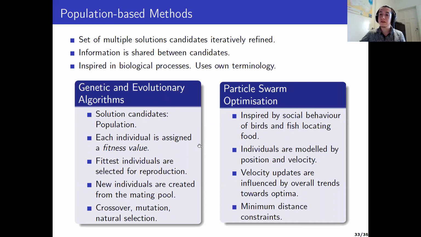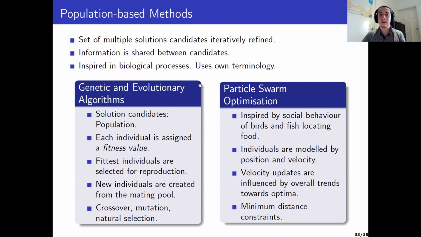This is not necessarily the value of the objective function, since these algorithms are suited for multi-objective functions. Then the fittest individuals are selected for reproduction, and new individuals are created from the mating pool. Terms like crossover, mutation, natural selection and survival of the fittest are used within the context of algorithms that fall into this category.